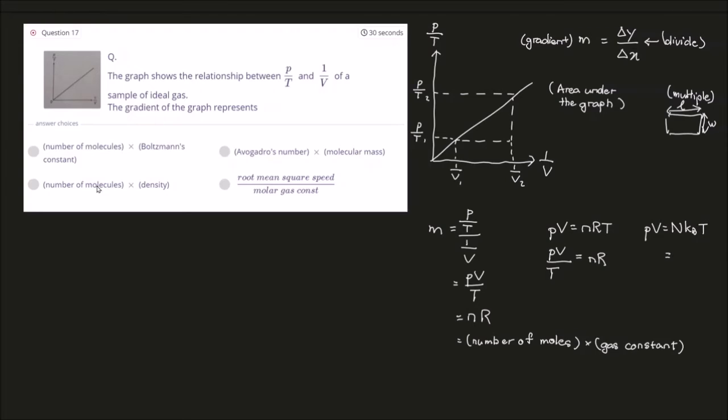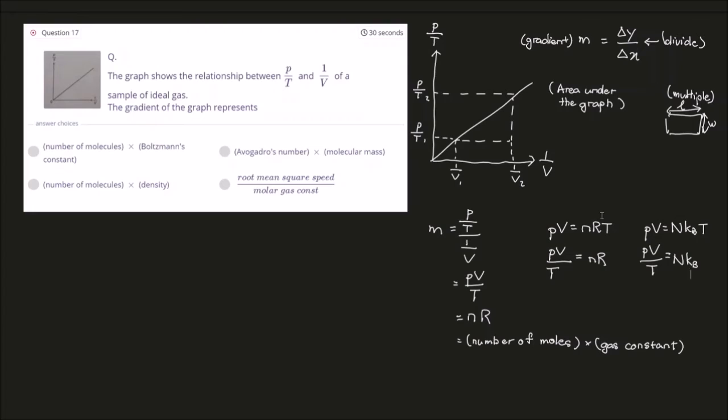Okay, so in this case it will be PV over T equals to capital N kB. I just want to remind one more time, these two equations, PV equals nRT and PV equals NkBT, are the same formula, just from different perspectives. If you analyze this gas on a molar basis, then use PV equals nRT.